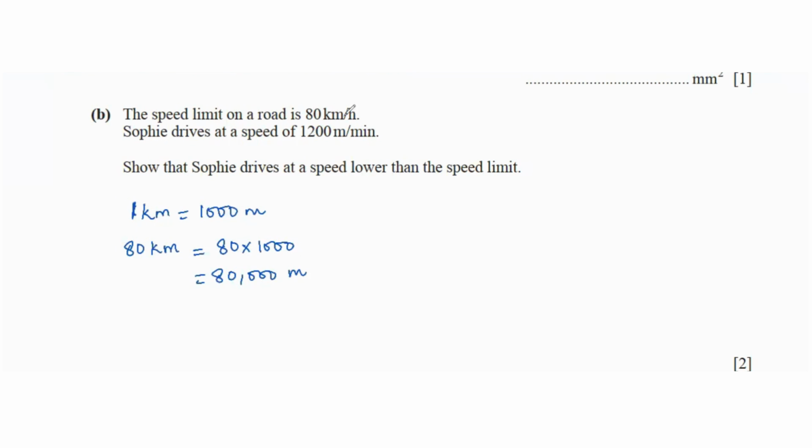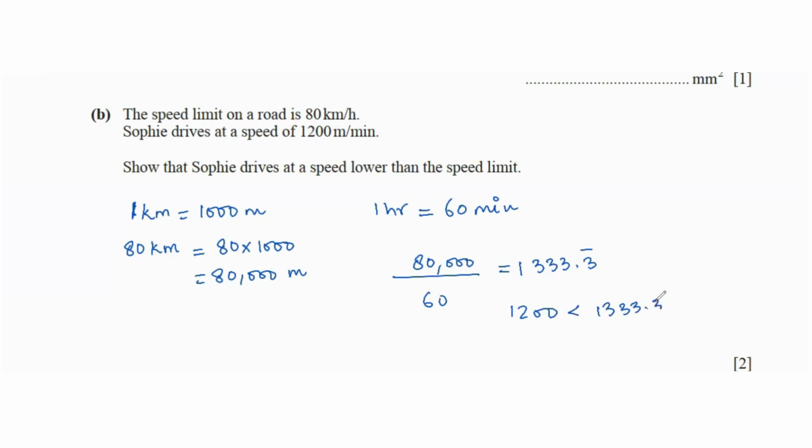Now in hours, 1 hour is 60 minutes. So that's going to be 80,000 divided by 60, which is 1,333.3 recurring. Now if we compare that with 1,200, yes, 1,200 is less than 1,333.3. So yes, she is slower.